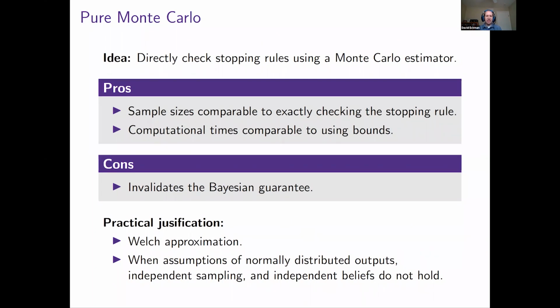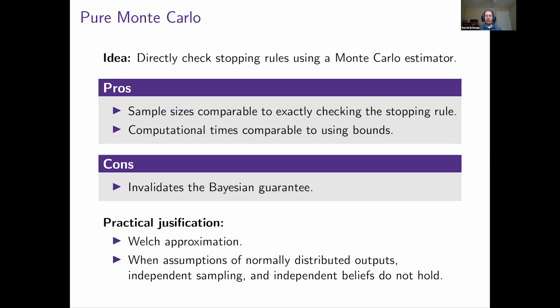Pushing that idea a little further, one might wonder, well, why compute the exact quantity at all if we think the Monte Carlo estimator is pretty good? Why not just use it to directly check the stopping rule, by which I mean terminate whenever your Monte Carlo estimator crosses some threshold?